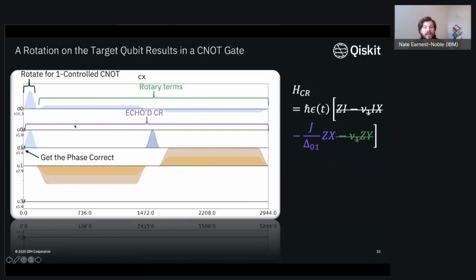When you get rid of these echoed terms, then what you end up doing is shortening the total duration of your C-naught gates. And in this way, you can get improved performance in your quantum circuit. And it was this that we actually used to improve the quantum volume of one of our circuits a while back. And it's in this flavor that you can do a lot of really interesting research within this space.